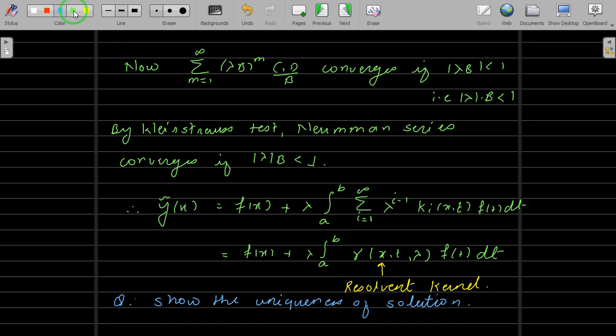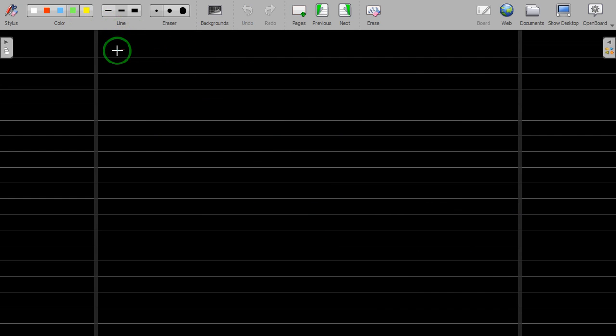So with this we can state a theorem. Whatever you have discussed, for that we can state a theorem. To each L2 kernel, I told you to check what is the meaning of L2 kernel. Kernel is a function of two variables.